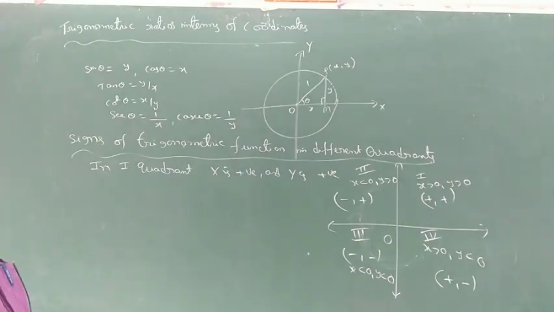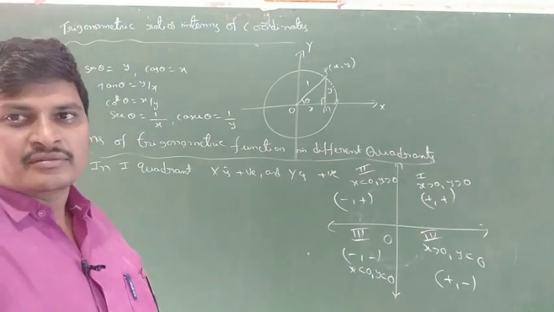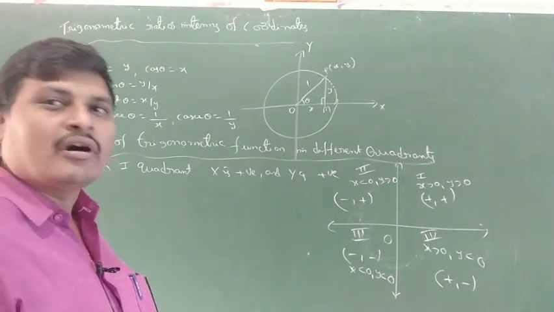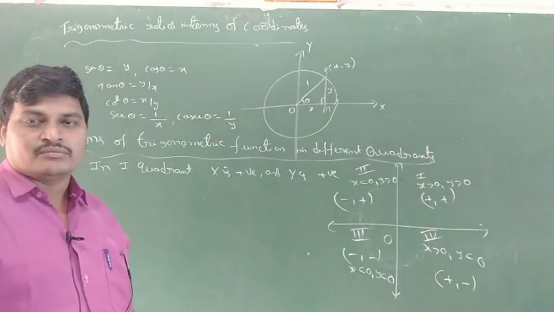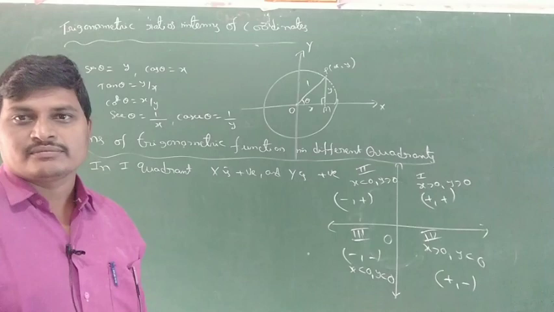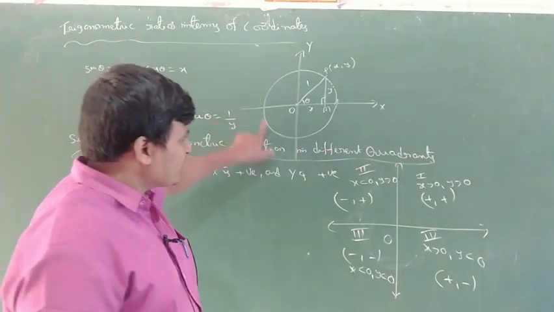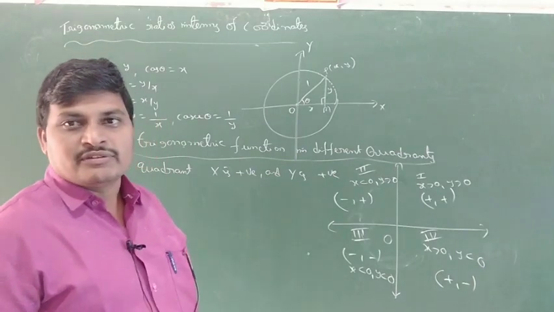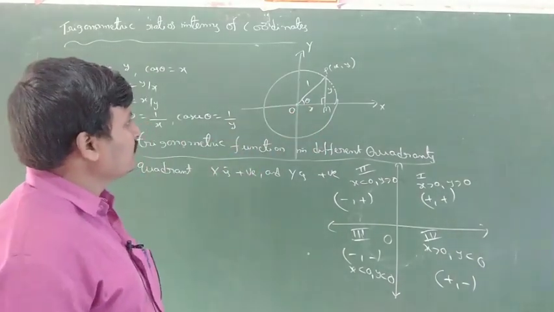Ratios, functions in terms of coordinates. X coordinate, y coordinate, x axis and y axis both are called coordinate axes. So this is the unit circle. You take the unit circle, x axis, y axis.